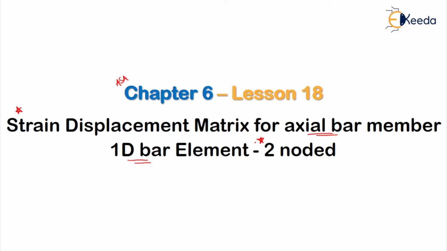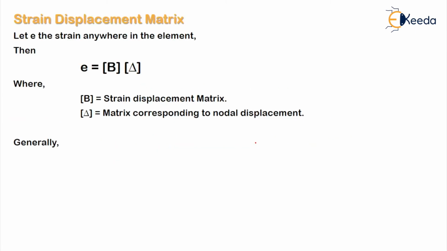First let us see what a strain displacement matrix is. If we take E as the strain anywhere in a particular element, then strain is equal to the B matrix into the delta matrix, where B is the strain displacement matrix and delta is the matrix corresponding to the nodal displacement.